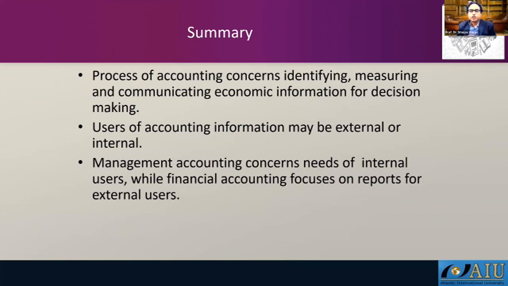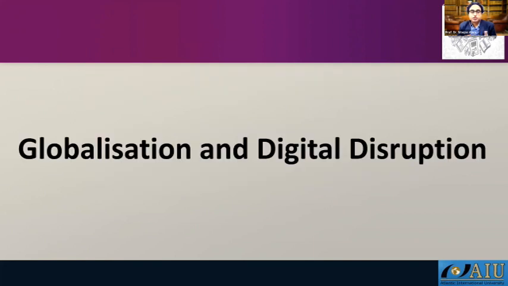First of all, you identify the business transaction, then you reliably measure and record it, and then the third process was communicating that information in the shape of financial statements.